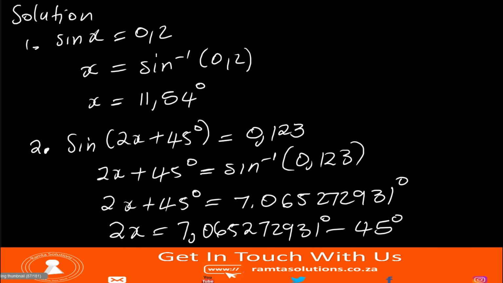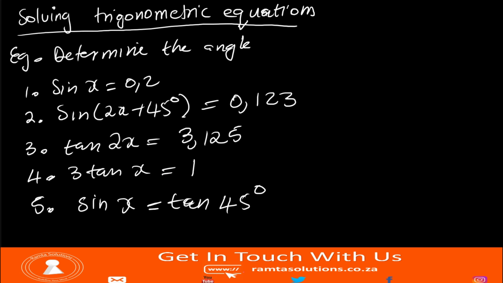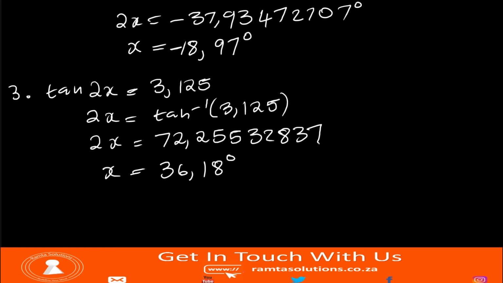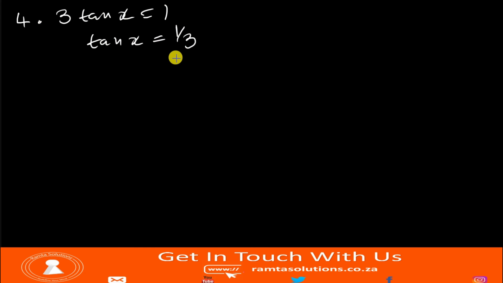Number 4. 3 tan x equals 1. So what we do here, we divide by 3 and then that means we get tan x equals 1 over 3.